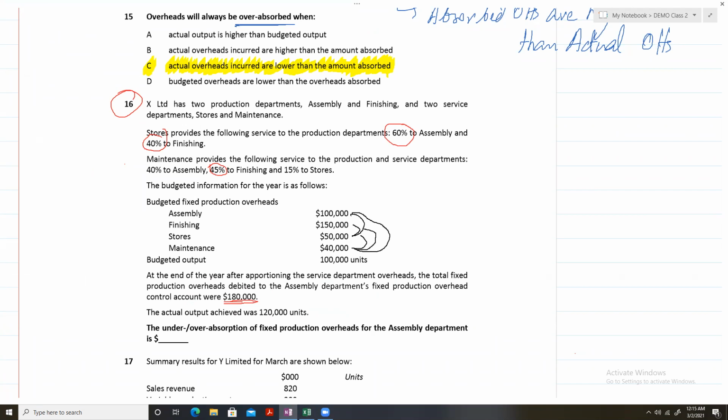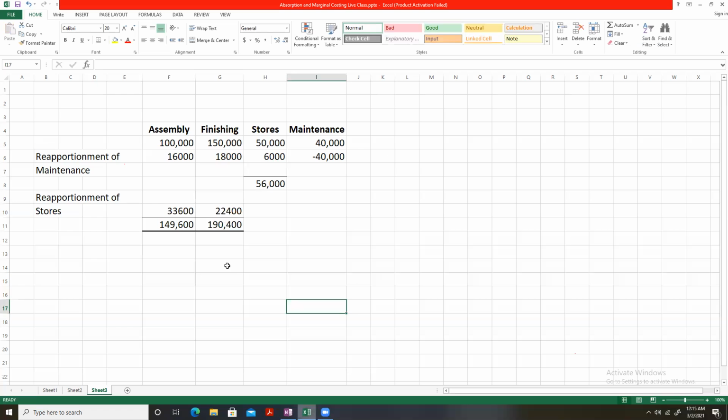These were actually the overheads incurred by the assembly department. But this figure here represents the budgeted overheads for the assembly department.